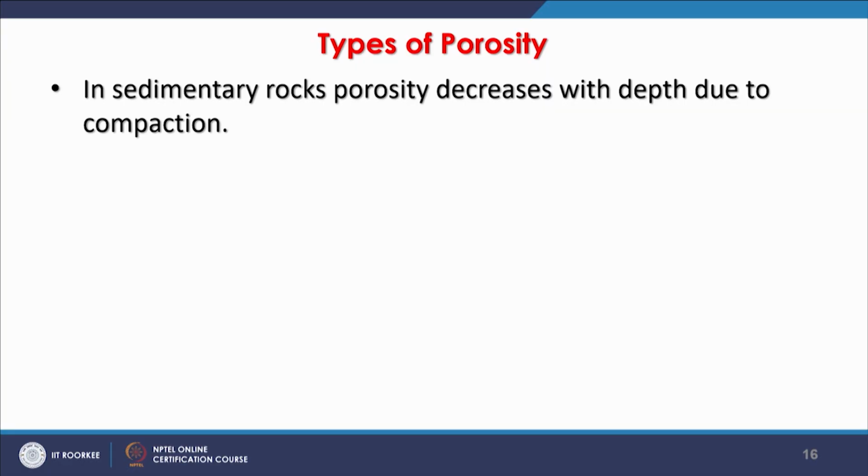In sedimentary rocks, porosity decreases with depth due to compaction. On the surface some sedimentary rocks may have higher porosity, but as you go deeper in the boreholes or excavation, you find less porosity. Thus, a typical relation also exists: alpha z equals alpha 0 times e to the power minus a z.